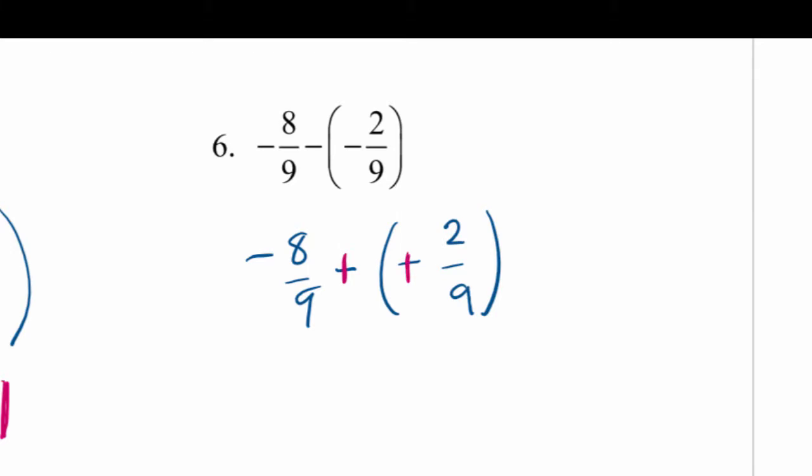Now these have the same denominator of 9, and you have a negative 8 added to a positive 2, which means that our answer will be negative, and we'll subtract 8 minus 2, which will be 6. And now 6 and 9, they have a common factor of 3. So we're going to go ahead and divide 6 by 3, which gives us a negative 2, and 9 by 3, which gives us a 3. So our final answer in simplified form is negative 2/3.